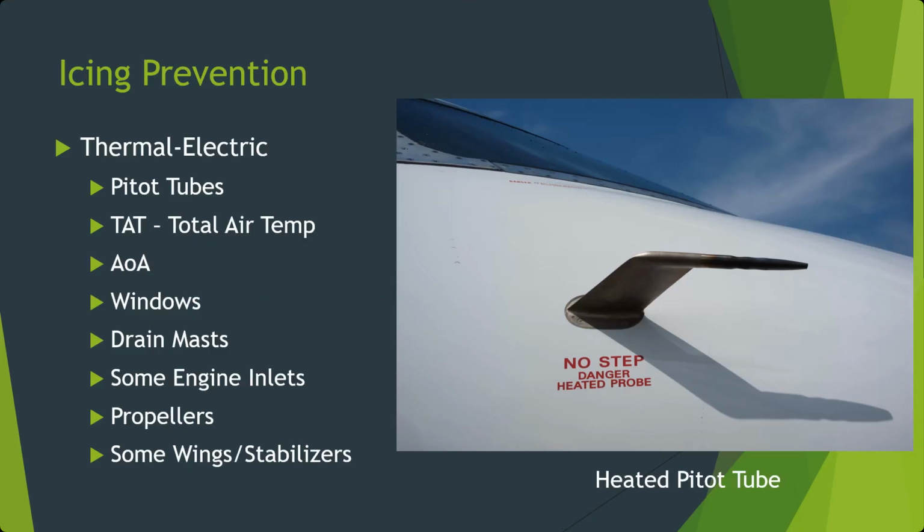When we get into ice prevention, one of the first types, and common in areas all over the aircraft, is thermal electric. In the simplest form, it uses electricity running through some kind of resistive heating element, which heats up to protect the area. Here are examples of areas that may be anti-iced with thermal electric anti-ice. Pitot tubes are shown here.